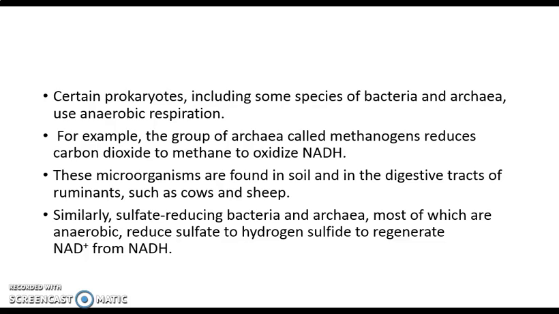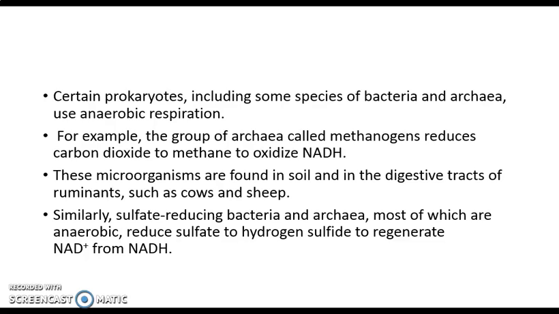Certain prokaryotes, including some species of bacteria and some species of archaea, may use anaerobic respiration. For example, the group of archaea called methanogens, which we have already discussed, reduce carbon dioxide to methane. For what? To oxidize NADH.